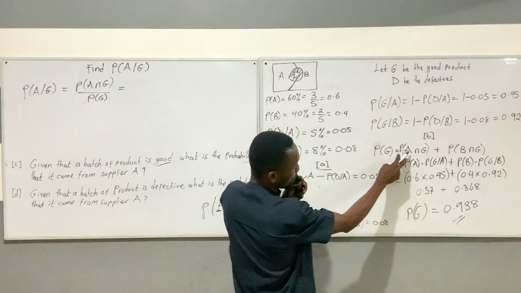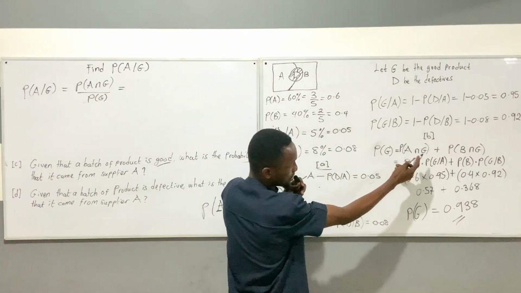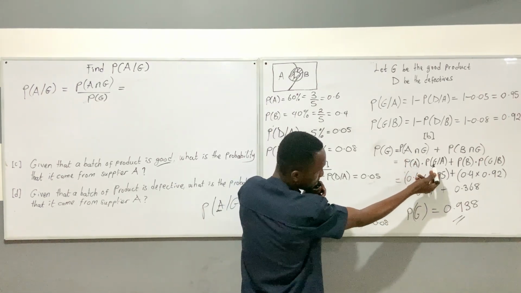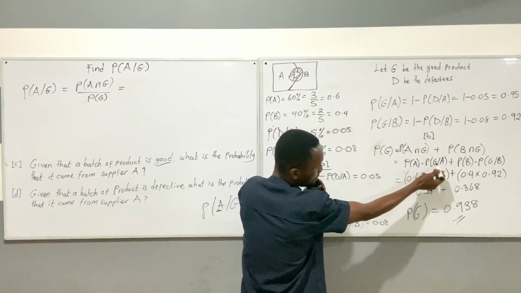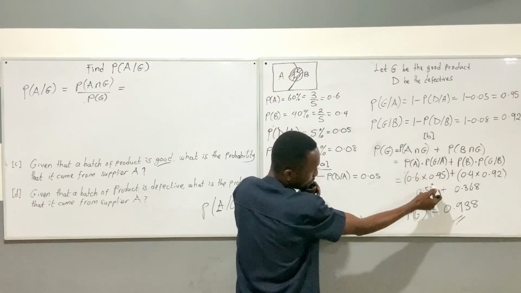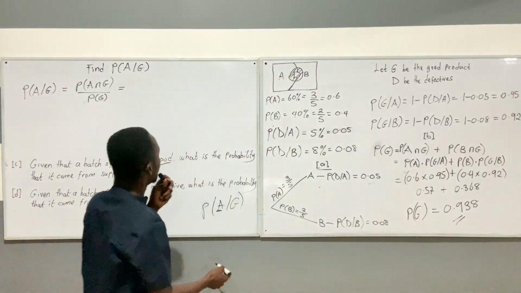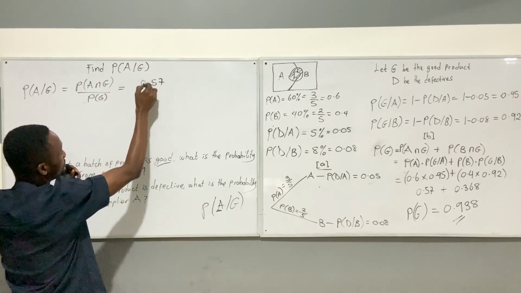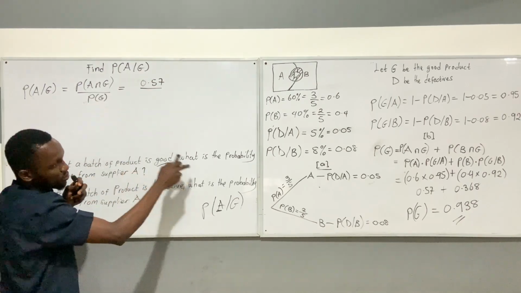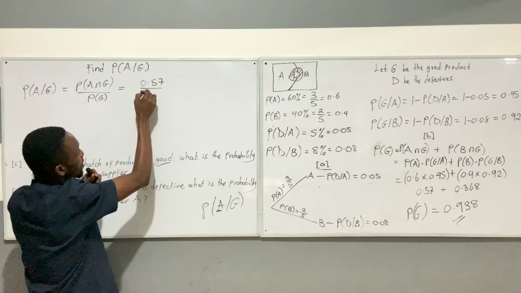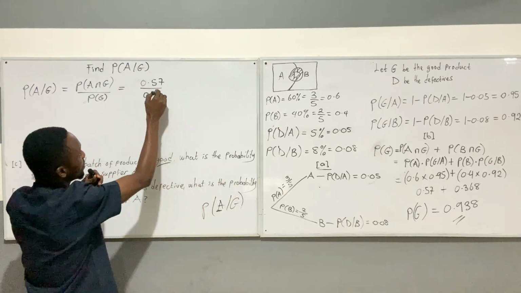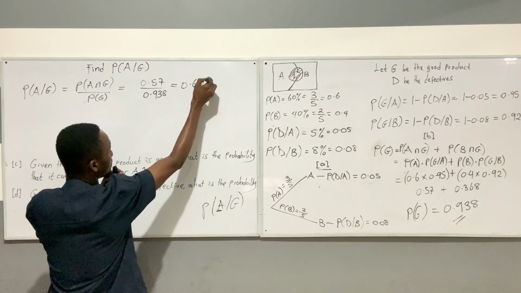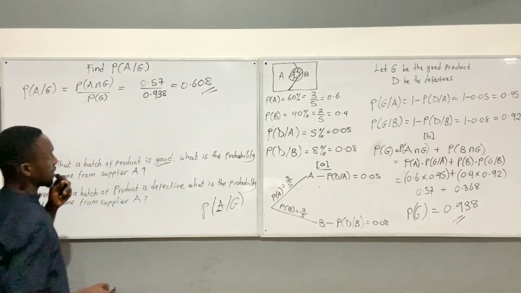When we calculated A intersection G, which is the same as G intersection A, what did we get? It is the probability of A times the probability of G as A has occurred. We got 0.57. So this is giving us 0.57 divided by the probability of a good product, 0.938, and this is giving us 0.608, and that is the final answer.